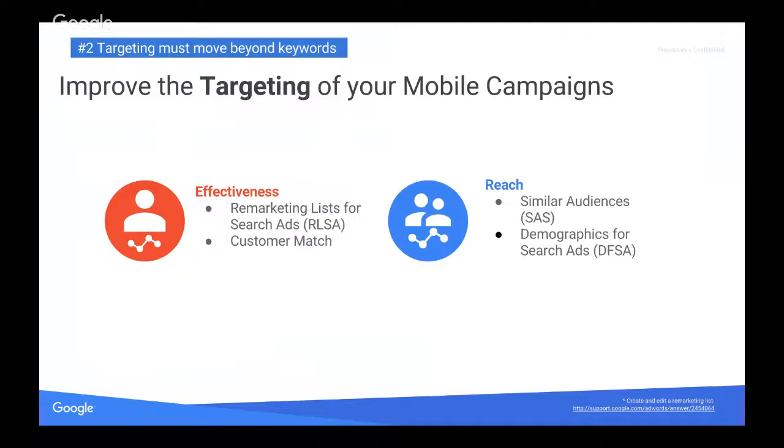And this can be done through features such as RLSAs, remarketing lists for search ads, as well as customer match lists. On the other hand, features such as similar audiences for search and demographics for search ads help you to reach new customers, expanding the audience base your mobile ads can touch.